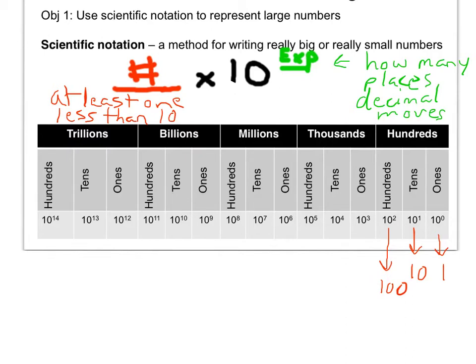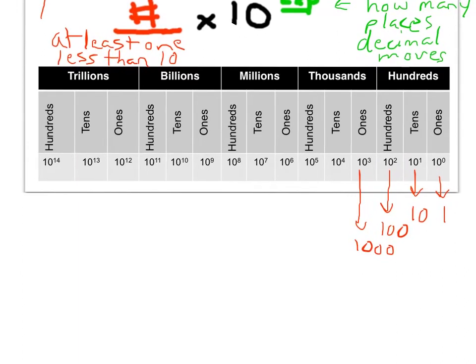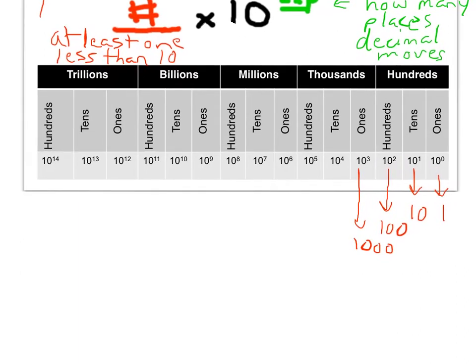This should make sense because think about what exponents mean. You remember what 10 squared means? That means 10 times 10, and that's 100. So this one would mean 10 times 10 times 10, and that's the same as 1 followed by 3 zeros, which is 1,000. 10 to the fourth power is 10 times 10 times 10 times 10, and that's the same as 1 followed by 4 zeros, or 10,000.